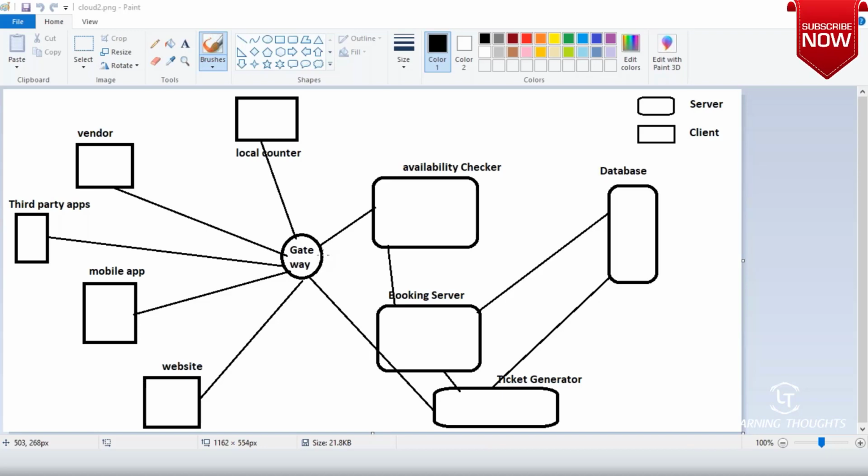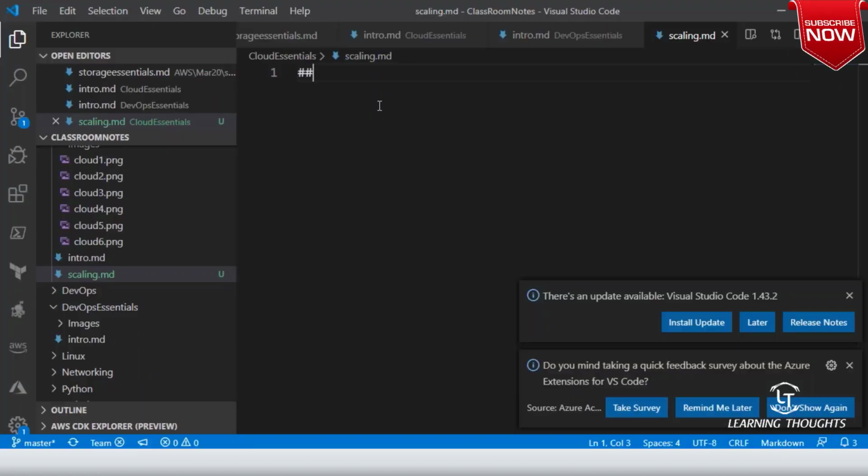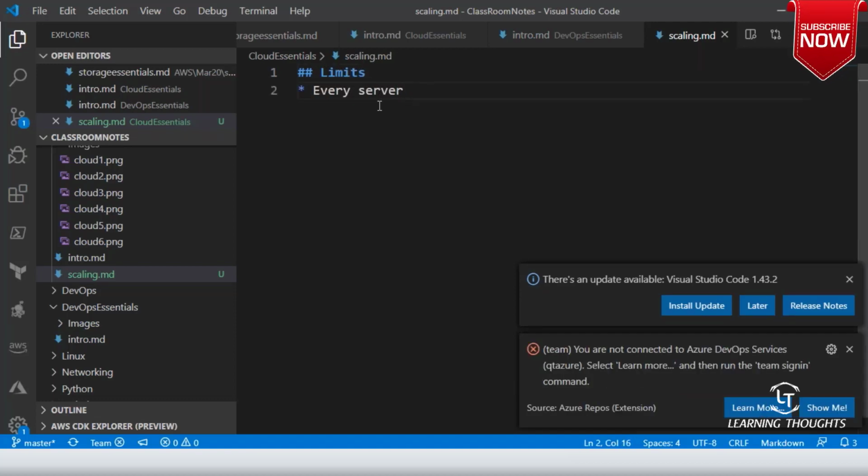So, for example, here we have to understand one interesting thing. Scaling, or let me put limits. Every server will have limited hardware resources.